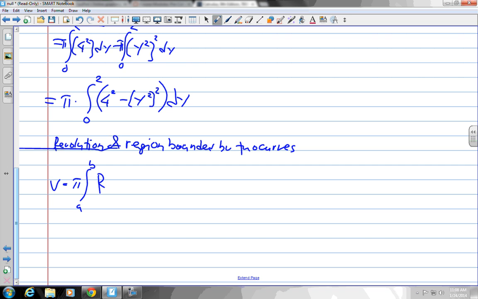So this is R of x squared minus r of x squared, where the big R is the outside function, the bigger one, and the little r is the inner function, the smaller one.